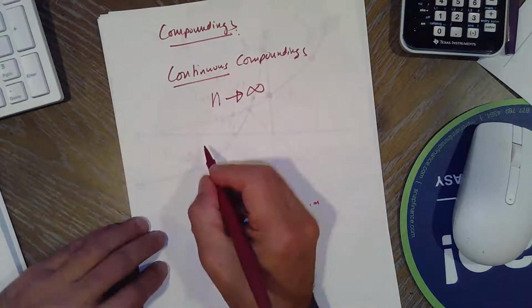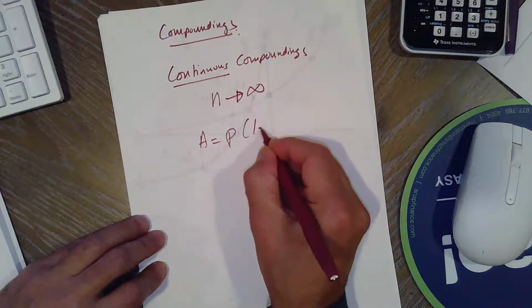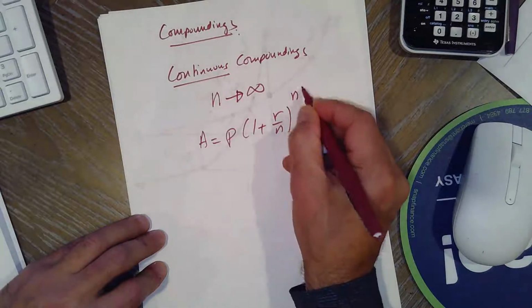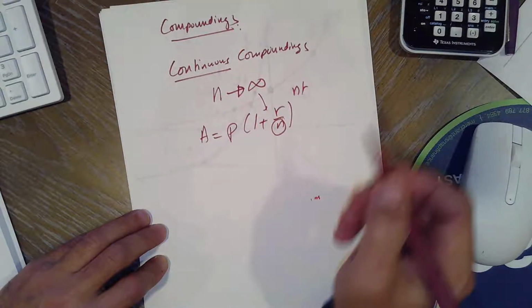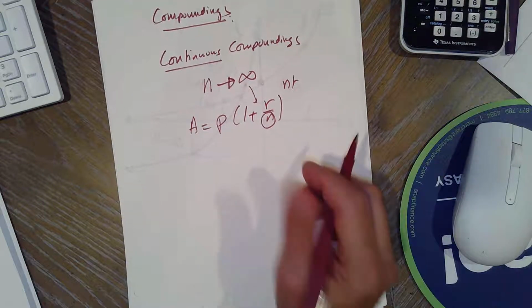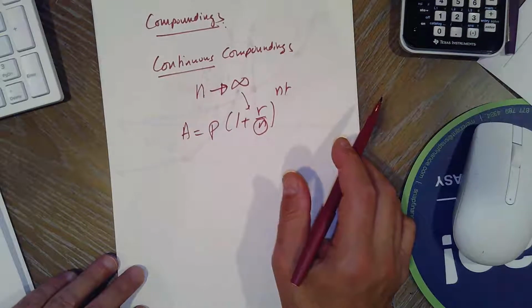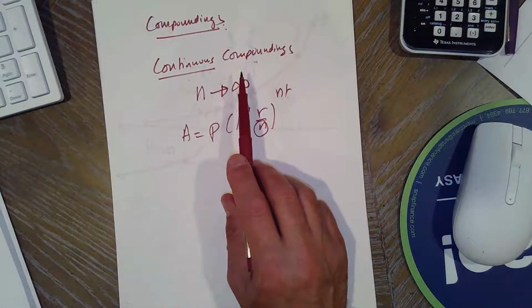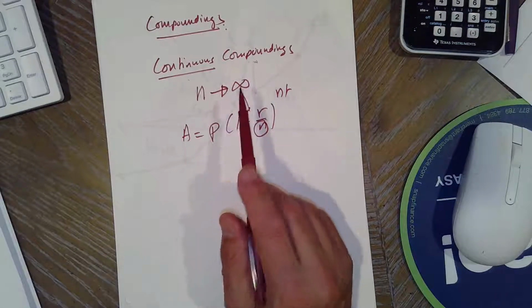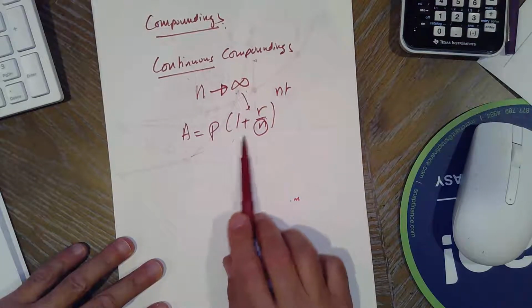So when n is infinity, I couldn't possibly use this formula anymore, because how am I going to put infinity in there? It's not something that we could just plug in. So when it's continuous compoundings, meaning the interest is added to your account all the time, we cannot use this formula.